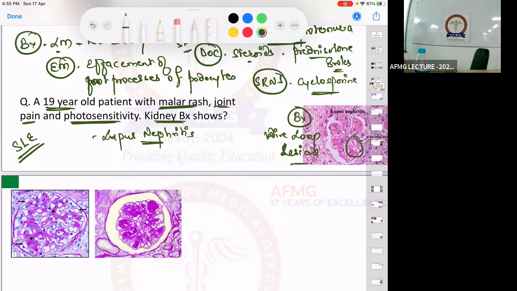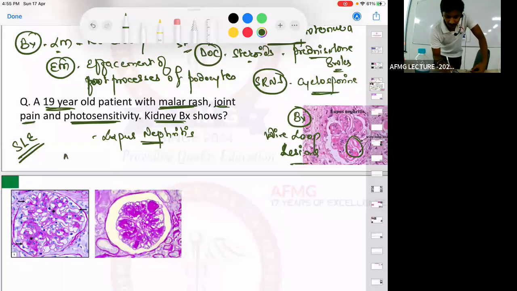Then most common cause of death in SLE after 45 years of age group, accelerated atherosclerosis. After 45 years, accelerated atherosclerosis. Early decade, patient on treatment, infection. Most common cause of death in cases of active SLE.